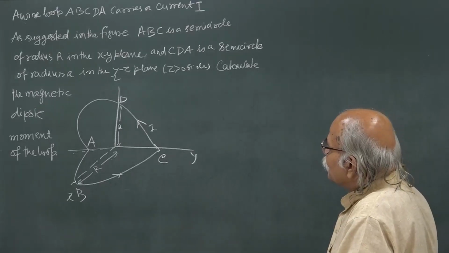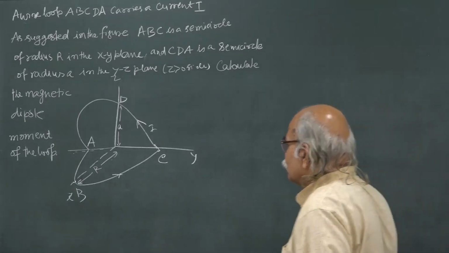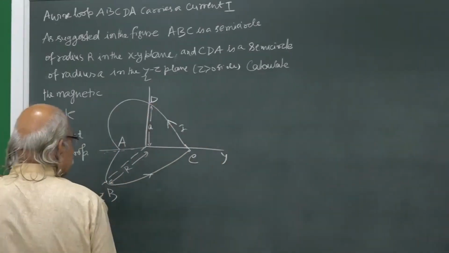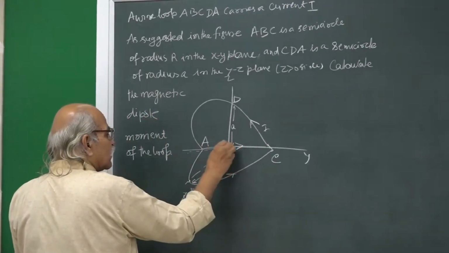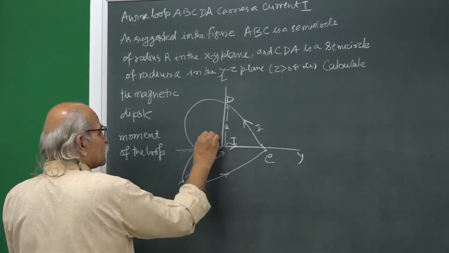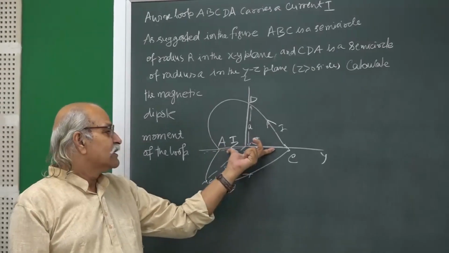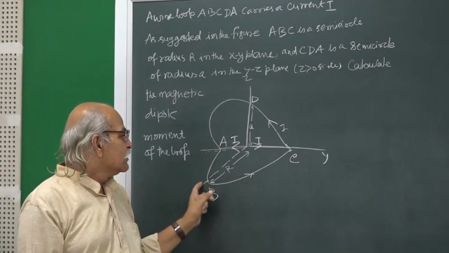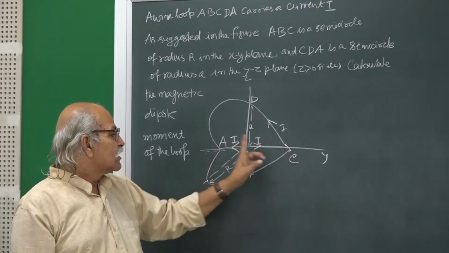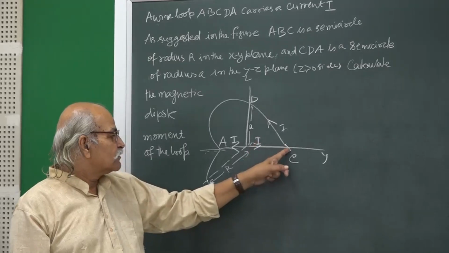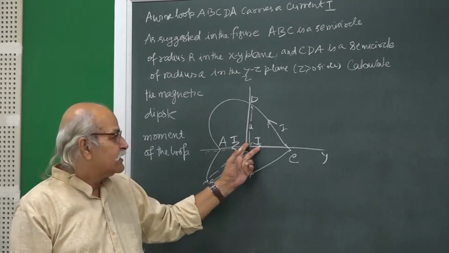Calculate the magnetic dipole moment of the loop. Here you can work out, you can consider this line as having a current towards the right and also a current towards the left, so there is no current. The wire is here only, so you can mentally join these two points, make a current going from left to right and also from right to left, so that the total current is 0 and it does not make any difference.